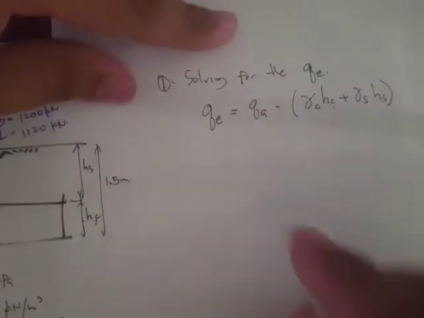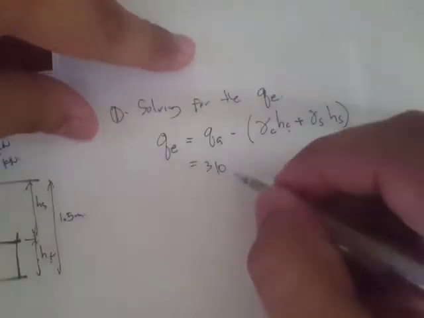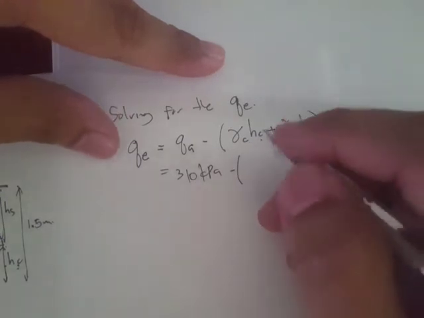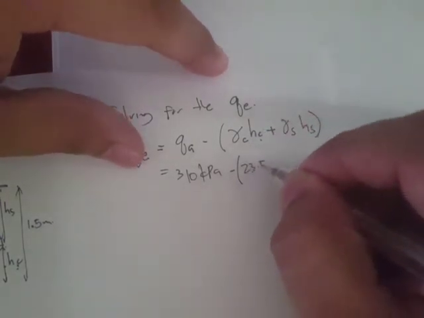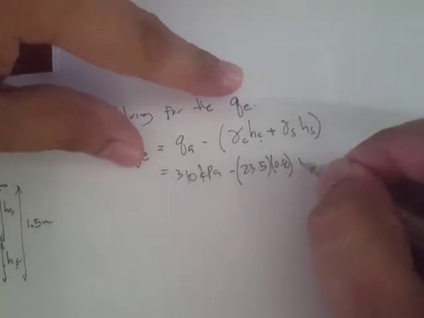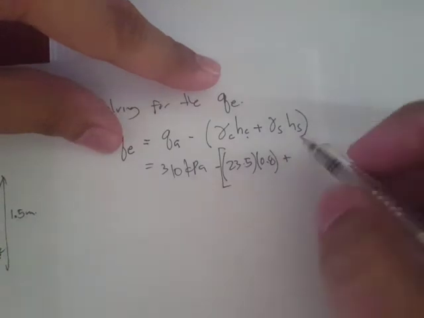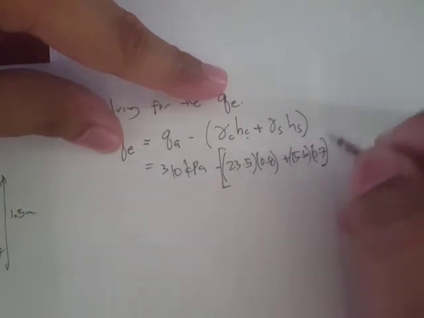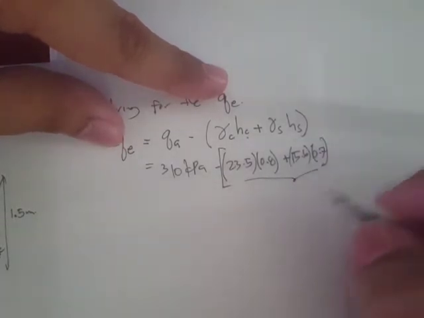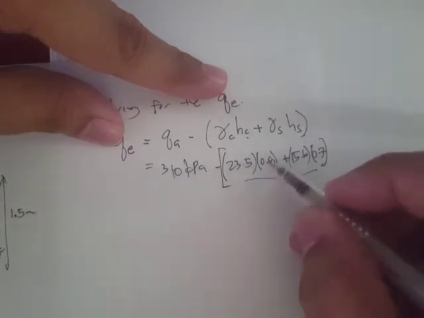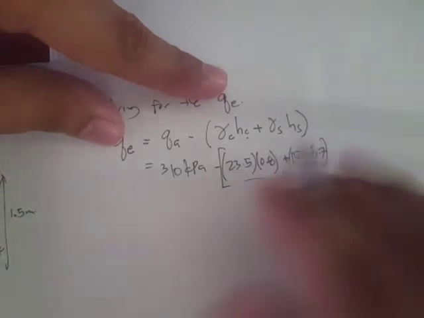If we solve this, we have 310 kilopascals minus the unit weight of concrete, which is 23.5 times the height, 0.8, plus the unit weight of soil, 15.6 times the height of soil, which is 0.7. The unit of this is kilonewton per meter cube times meters, so that's going to be kPa.